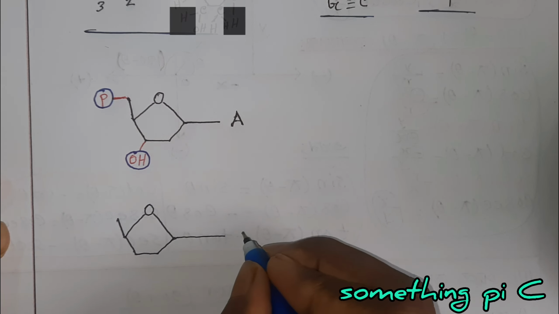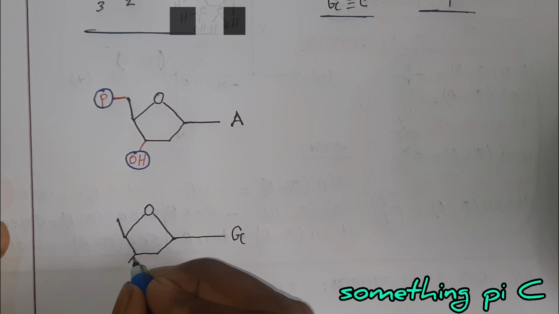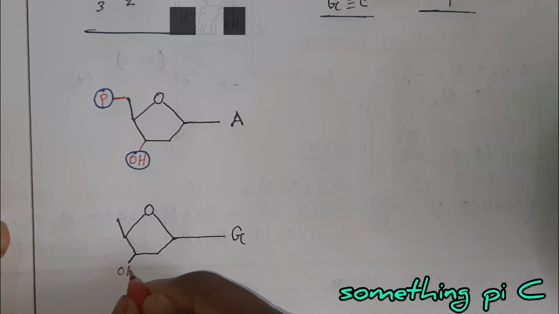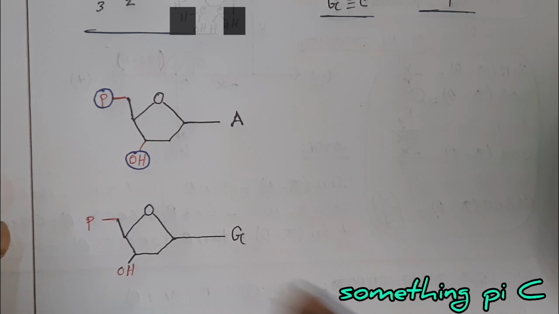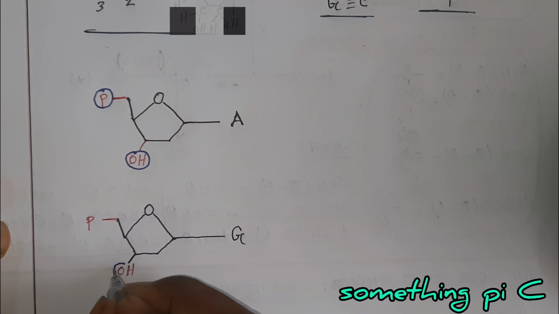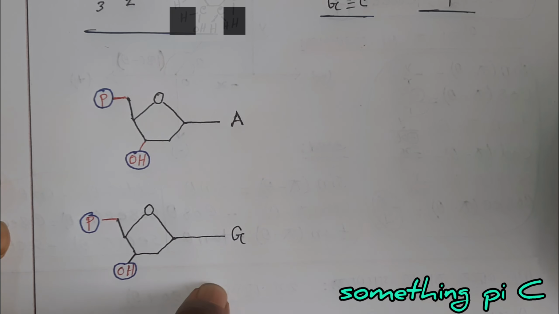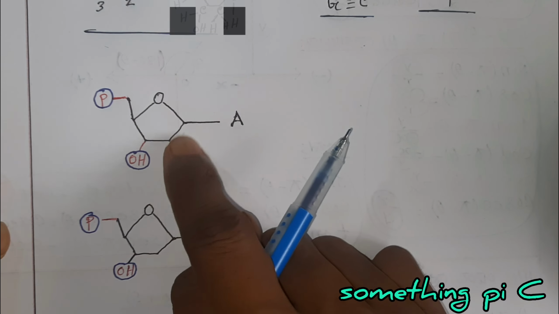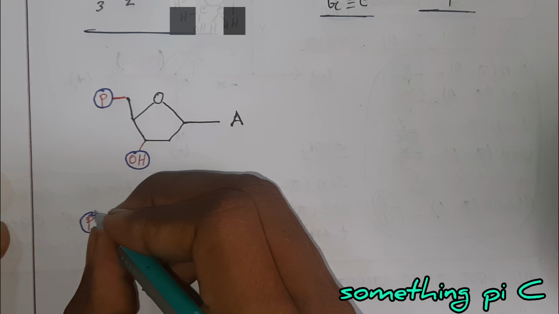This is the second nucleotide. Similarly, one carbon is connected with a nitrogenous base, and carbon number 3 has an OH group, and carbon number 5 has a phosphate group. So it is a single nucleotide. The first is also a single nucleotide and the second is also a single nucleotide.